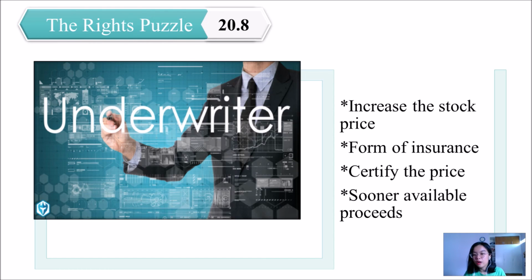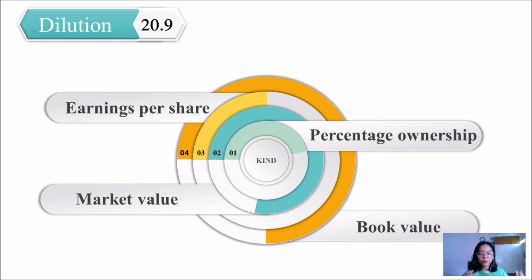The third explanation is that underwriters can certify the price to the market. And the last explanation is that the proceeds from underwriting may be available sooner than the proceeds from a rights offering.